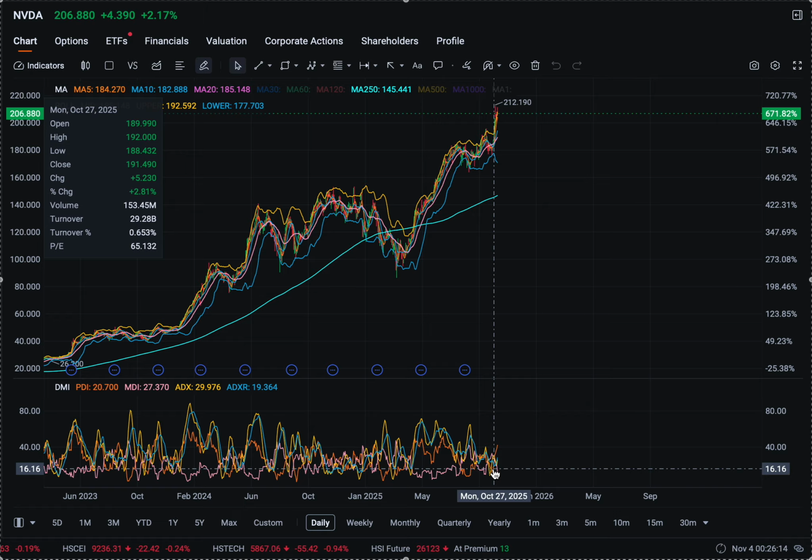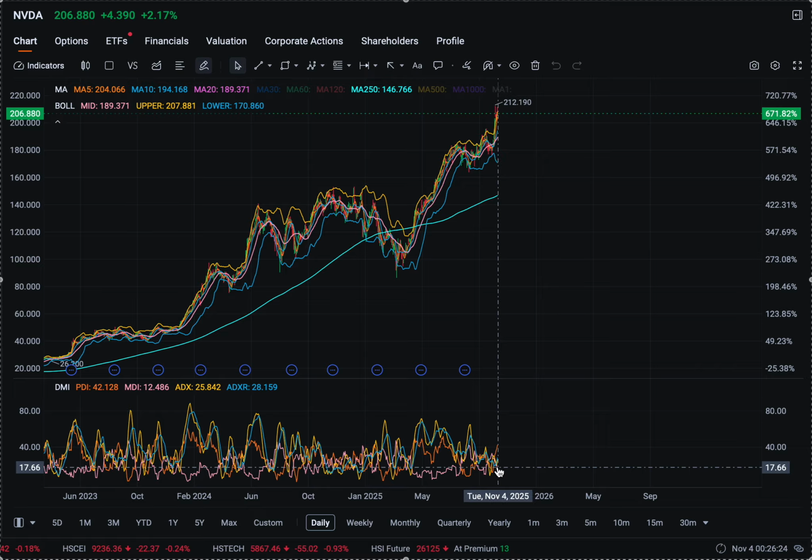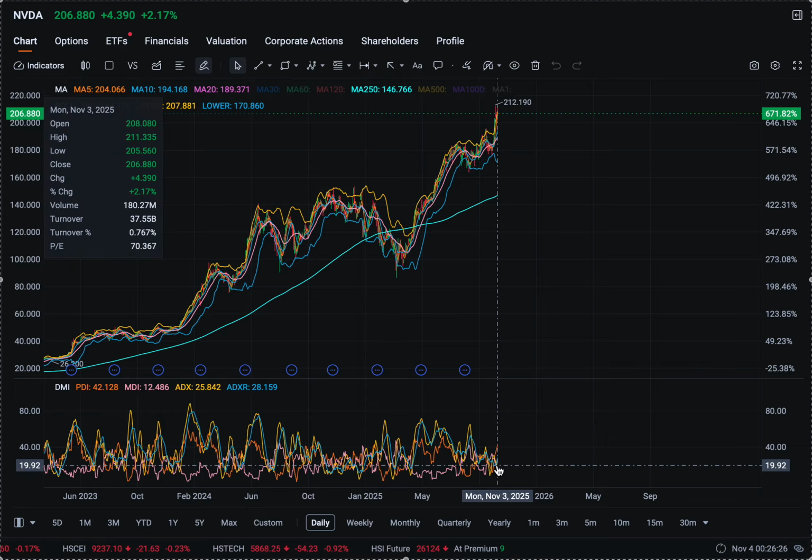So this is probably doing good, but the actual line that's measuring the strength of the trend is not very high. So it means that this bullish trend is probably not confirmed.